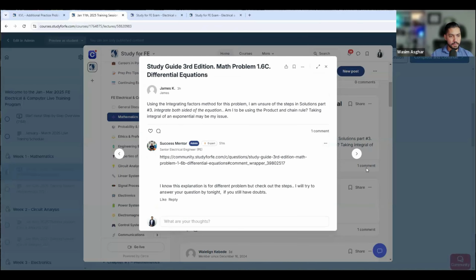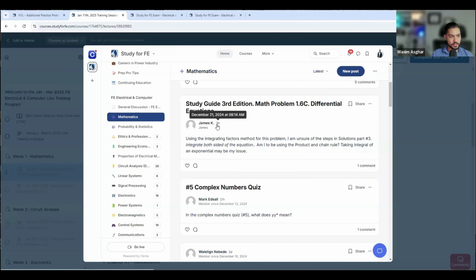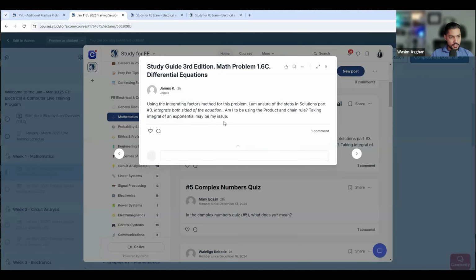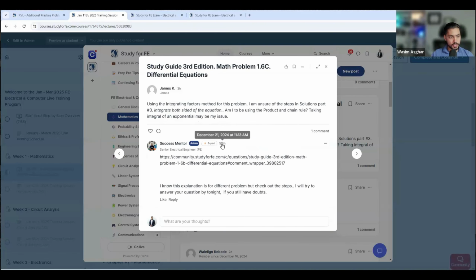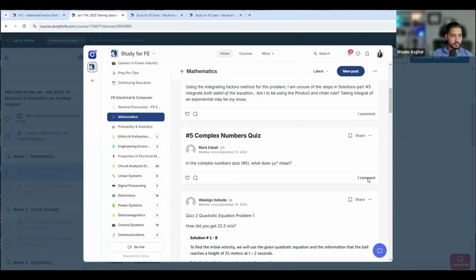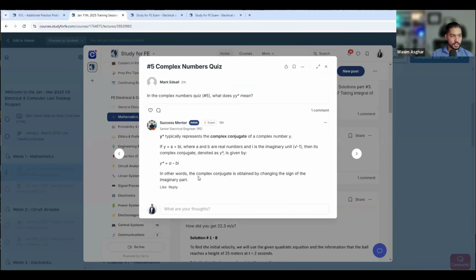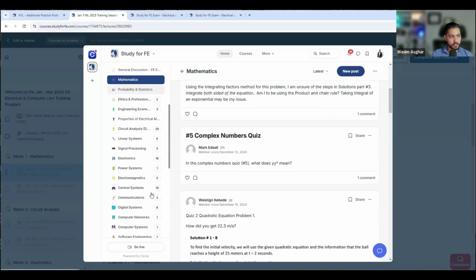So this student asked a question 3 hours ago at 9:14 a.m., and the teaching assistant responded back at 11:13 a.m. with a detailed response. Same thing over here. And this is broken out section by section, topic by topic.